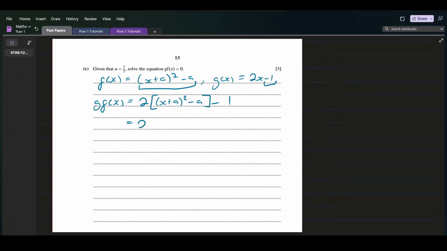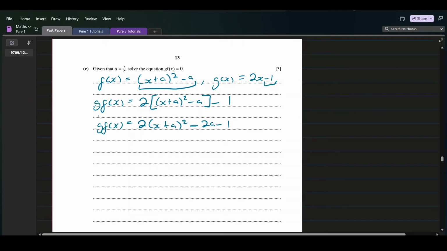If we expand, that's 2x plus a squared minus 2a minus 1. This is our g f of x, and we're equating it to 0. Before we equate to 0, we're given that a is 7 over 2. So let's substitute a with 7 over 2.